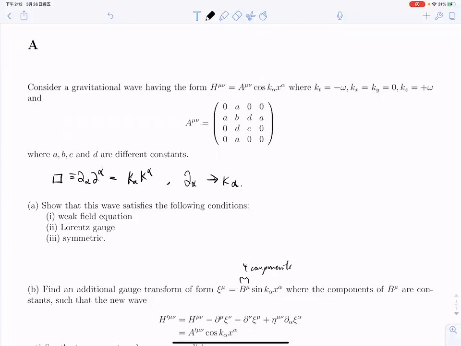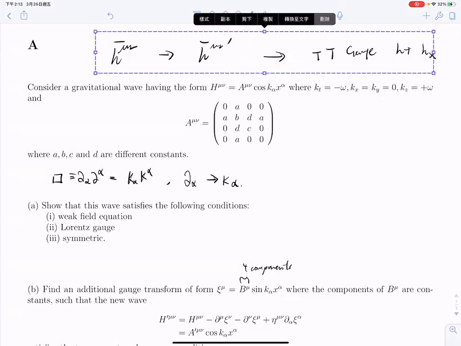You maybe haven't seen a question with a capital A mu nu with a proper matrix, but it is a very good example to show how to transform h mu nu or h bar mu nu to the Lorentz gauge, and then use the TT gauge to reduce all the degrees of freedom to see h plus and h cross.